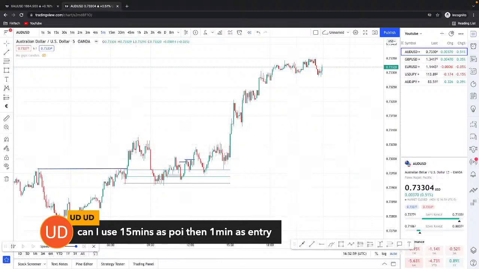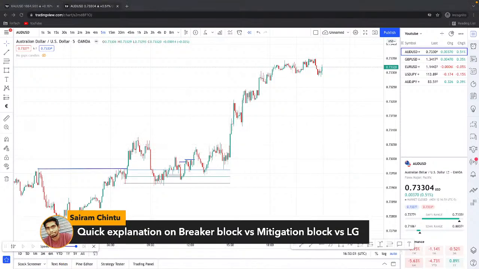Next quick question from Sriram: a quick explanation on the breaker block versus mitigation block versus liquidity. I don't know what a breaker block is, but break of structure versus liquidity, we actually have a separate topic which I covered in phase 2.